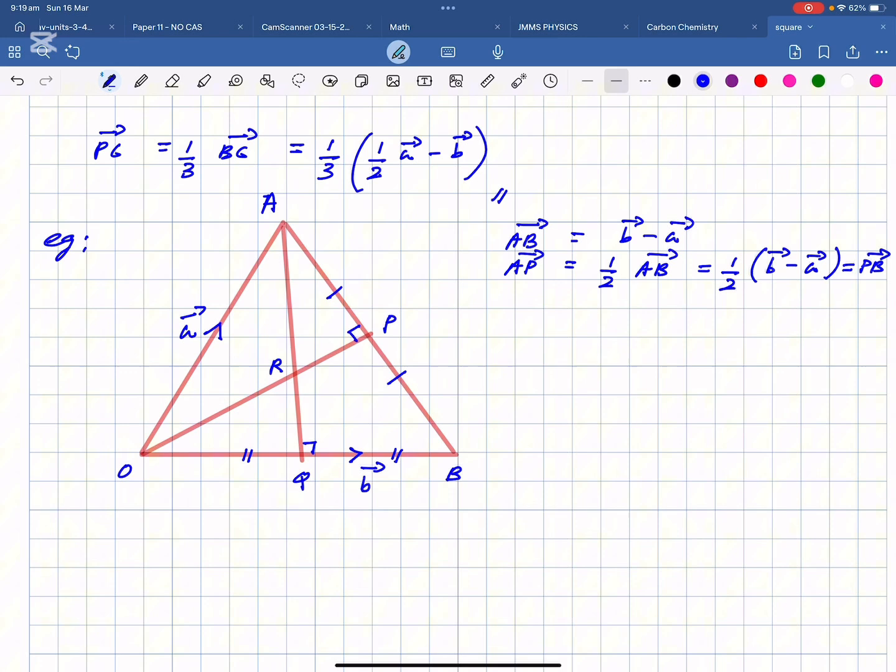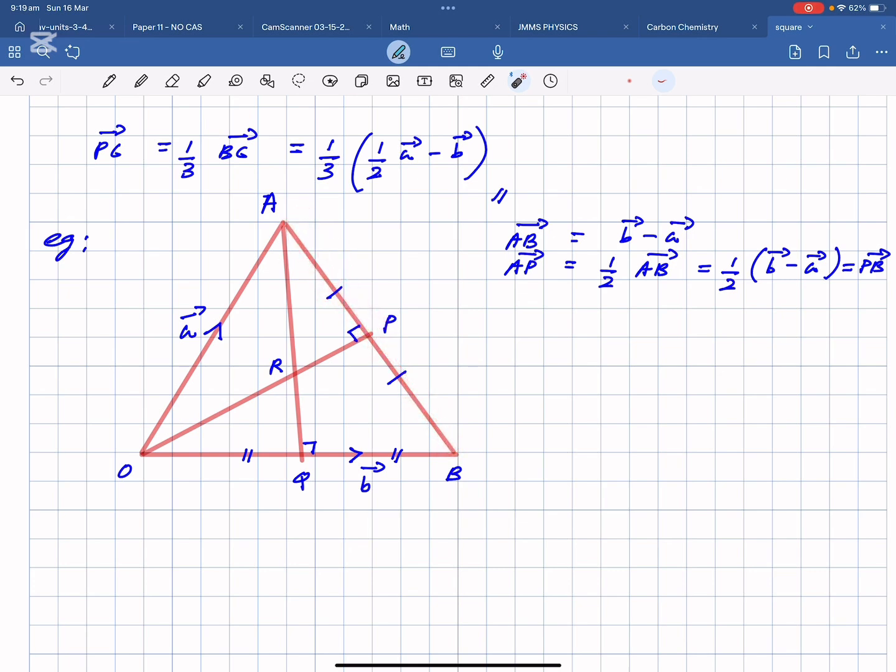Why is PB vector the same? I told you, this vector, size-wise, is equal to this vector, because half and half. Direction also the same. What if you translate this and copy and paste here? You get it, right? So they're the same.